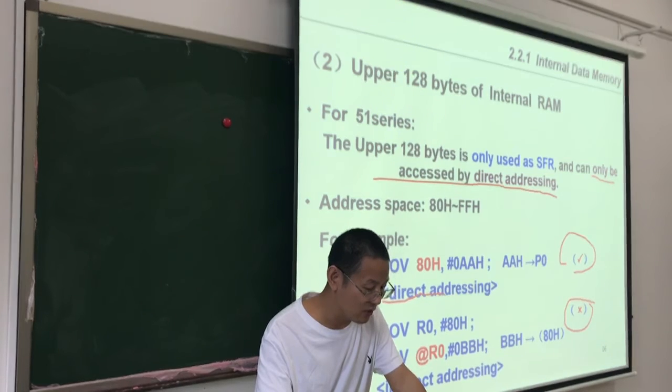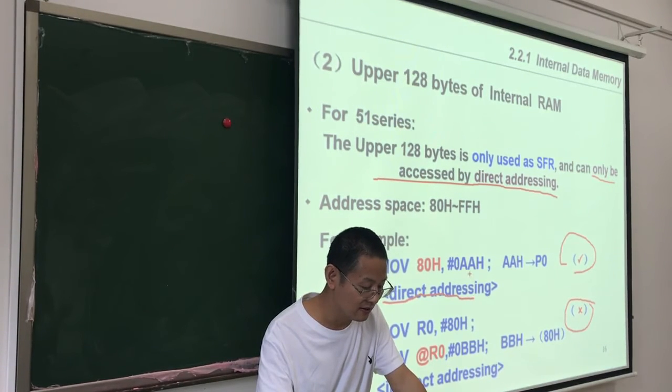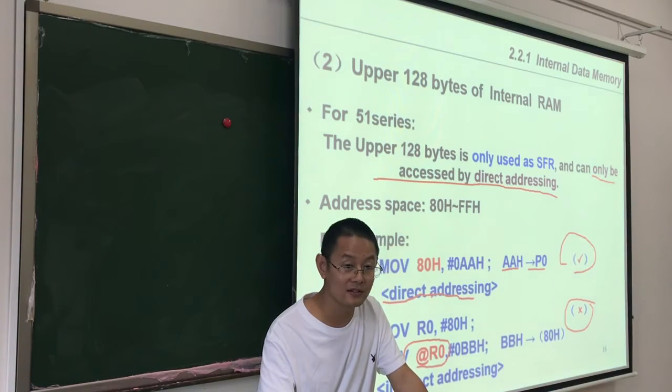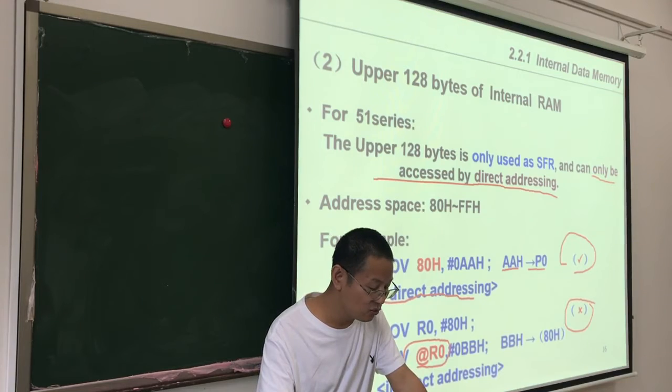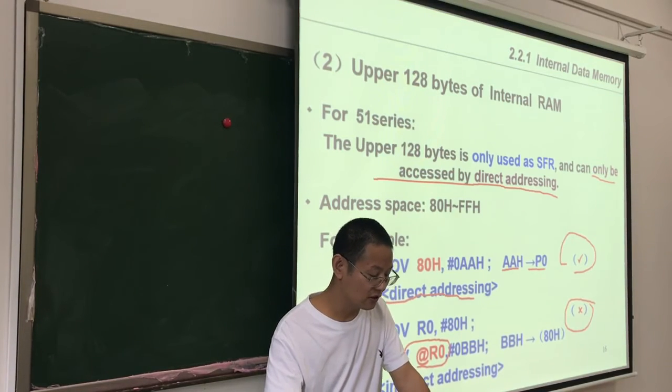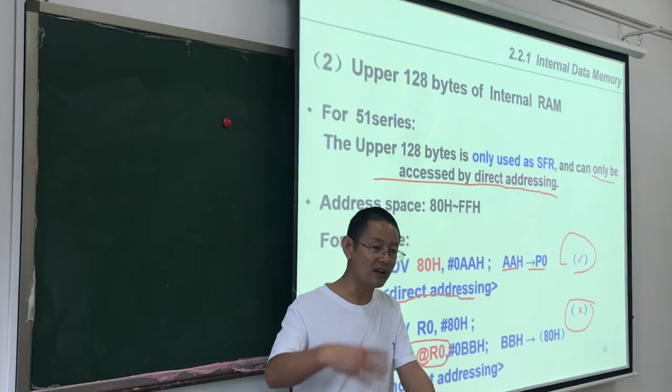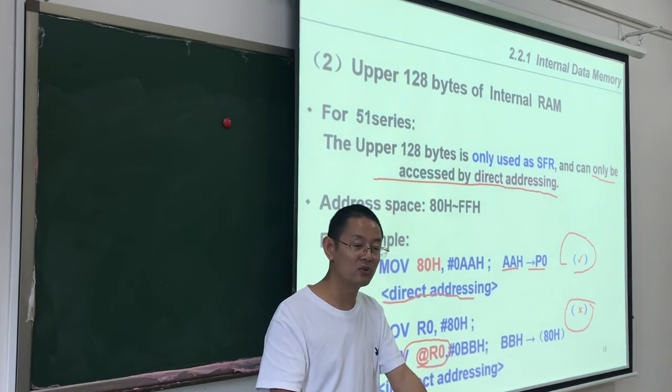This is direct addressing: move A to P0. This is indirect. Direct addressing must give the address. Indirect, you get the address from another register.